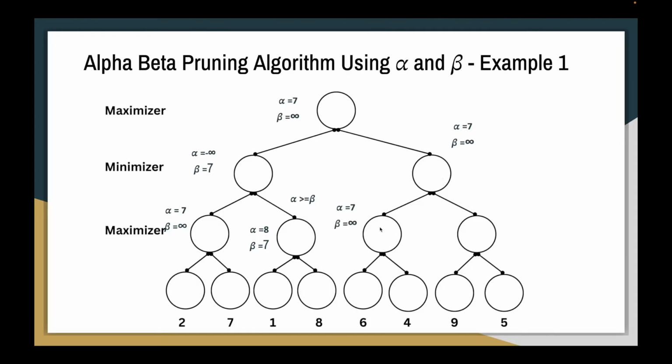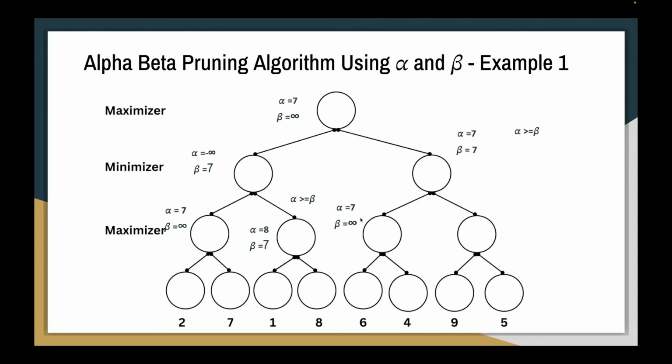The same values will be passed here, and when it sees 6, we already have 7 for alpha, so 6 is lesser than 7 and no change will be done. When we see 4, also no change will be done.